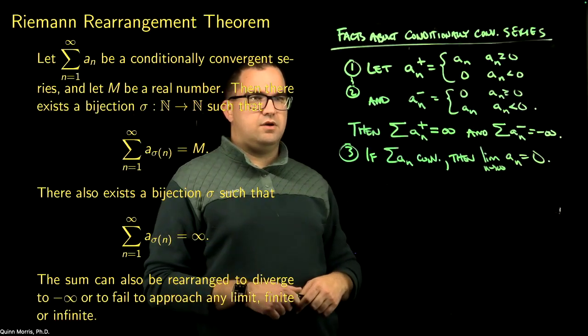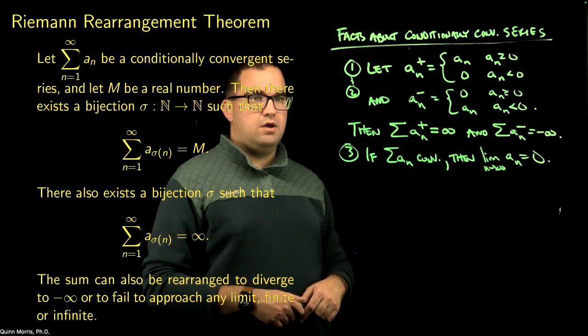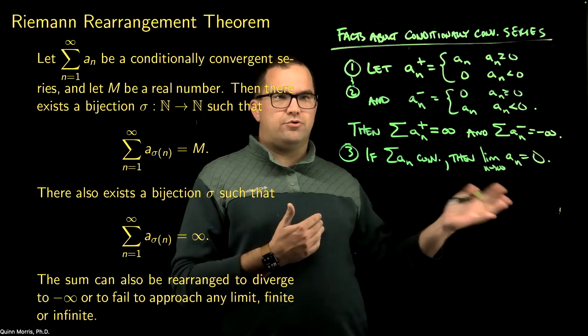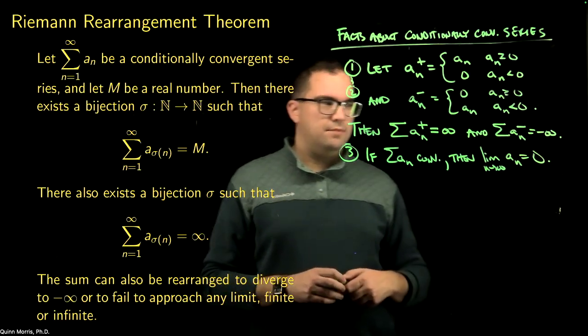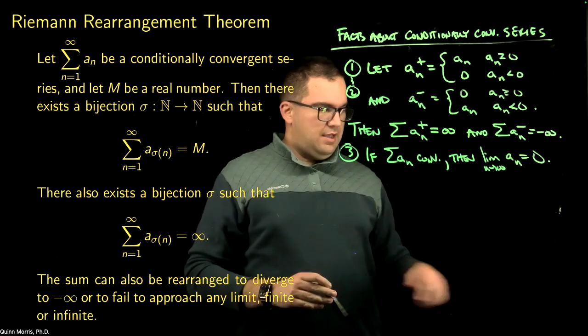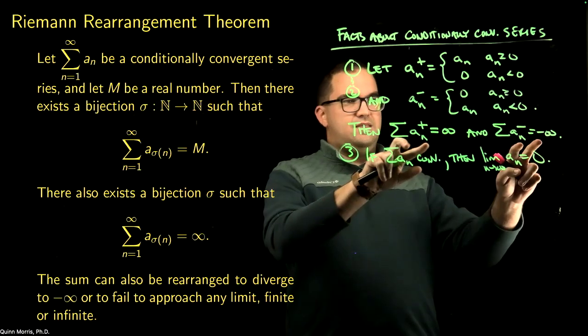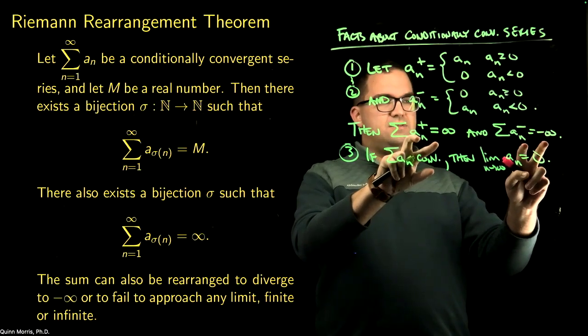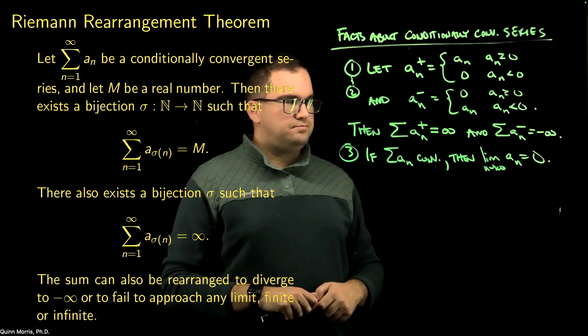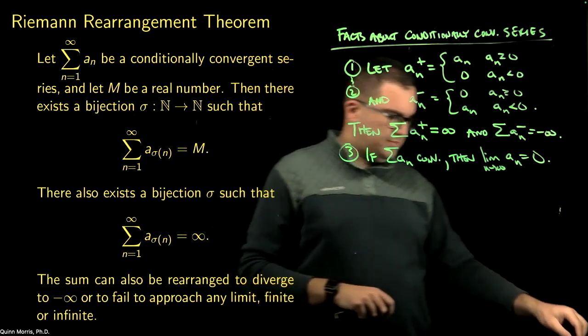If the limit of the terms did not go to 0, then it would be like you were adding up an infinite number of non-zero terms, which would have to diverge. So in particular, we need that these sums diverge to positive and negative infinity respectively, and that the limit of the terms must be 0.